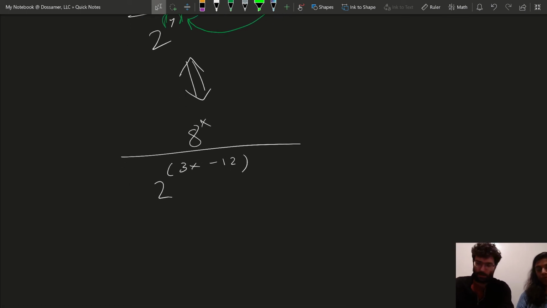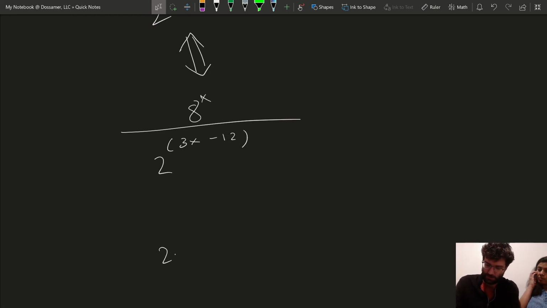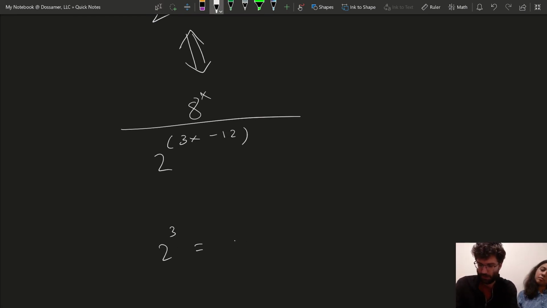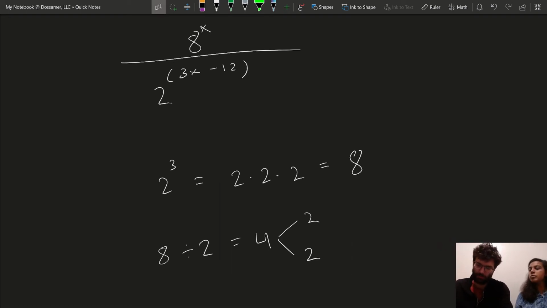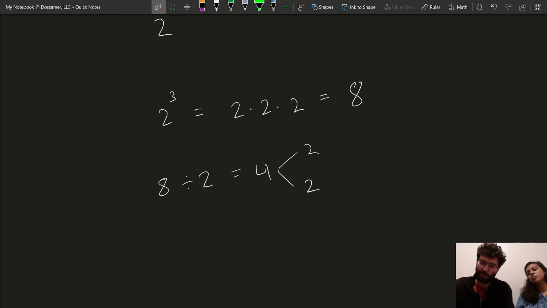In this numerator we have an 8, and in the denominator we have 2. And we also have these powers. So in terms of powers and exponents, is there a relationship between 8 and 2? 8 is 2 to the 3. And if you didn't know that off the bat, what Gary means is if I do 2 cubed, that's the same as writing 2 times 2 times 2, which is 4 times 2 is 8.